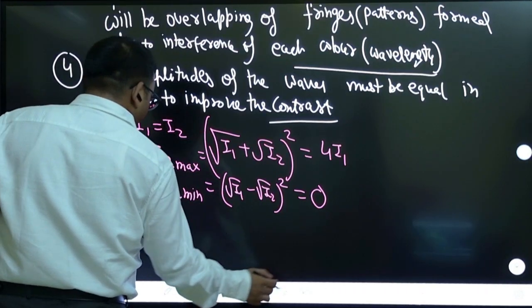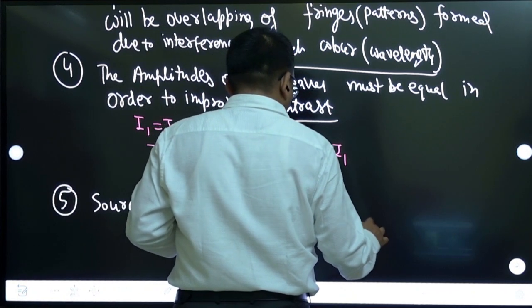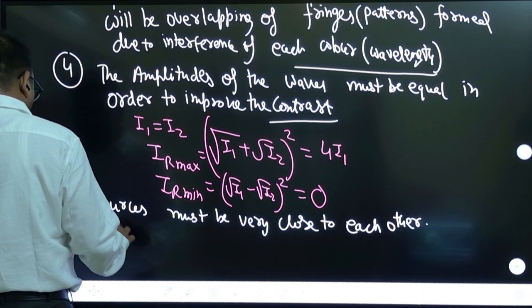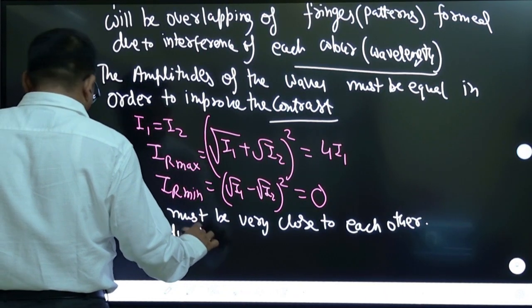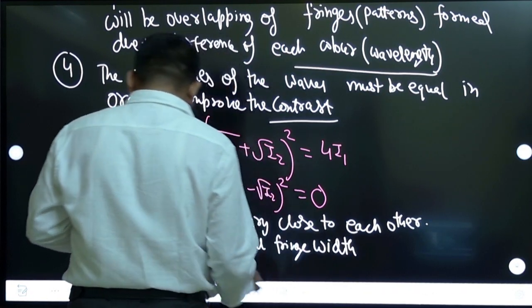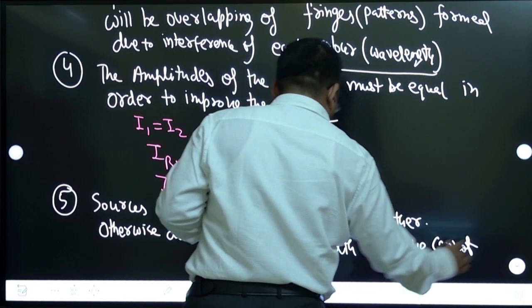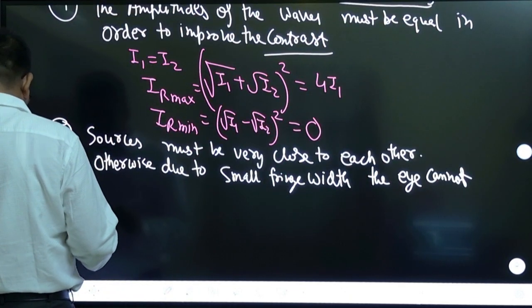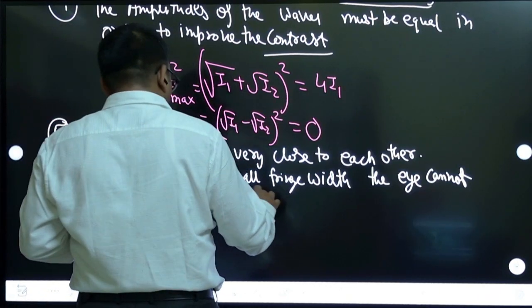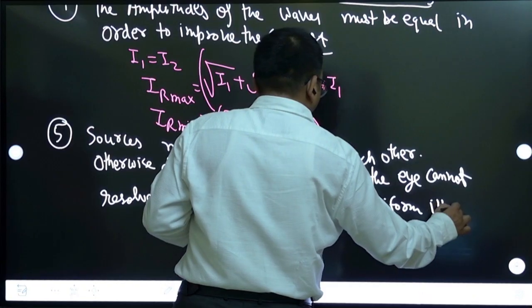Otherwise, due to small fringe width, the eye cannot resolve the fringes, resulting in uniform illumination.